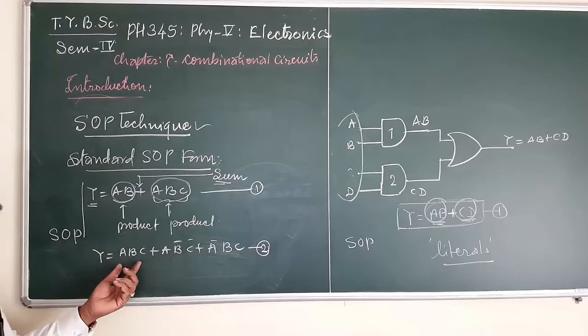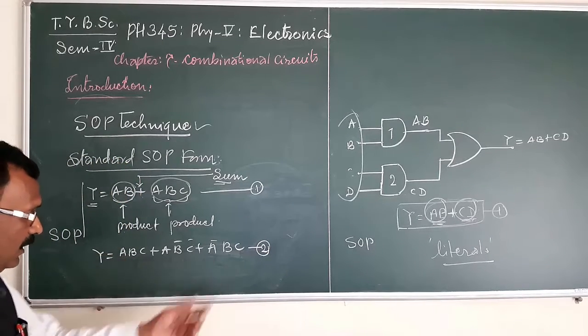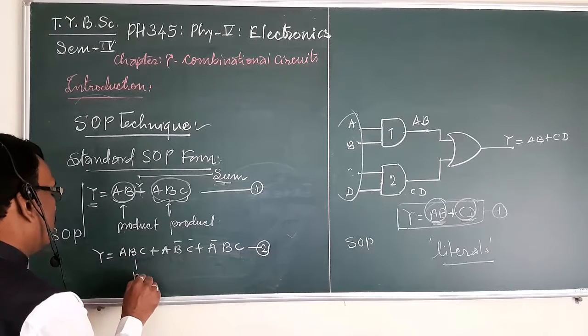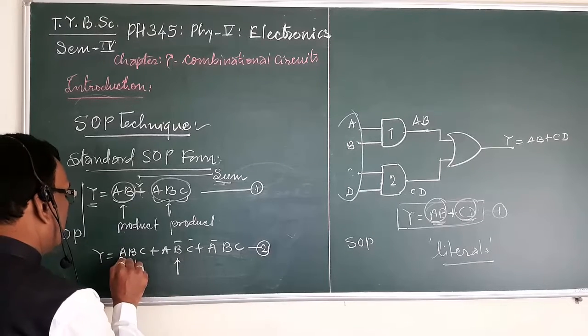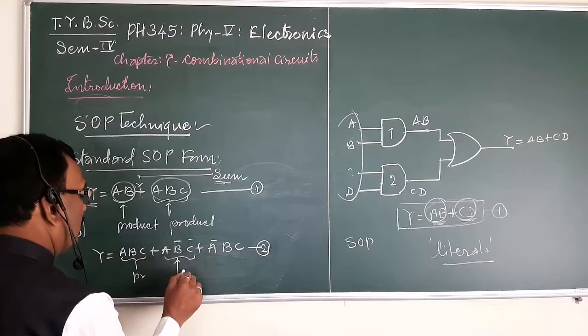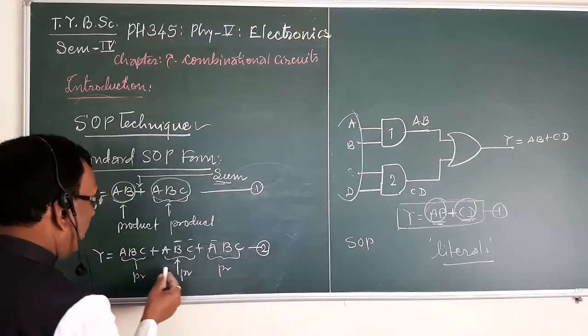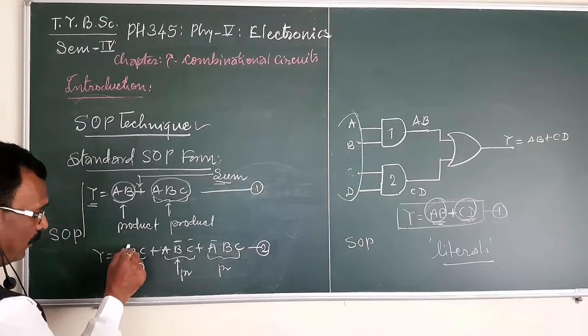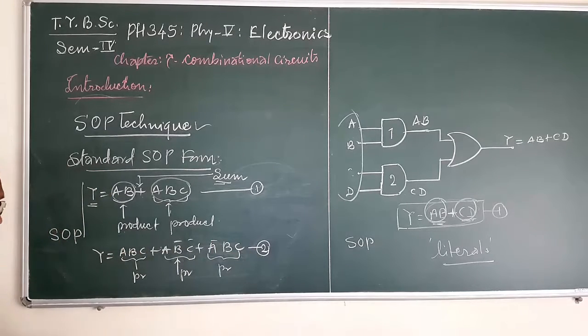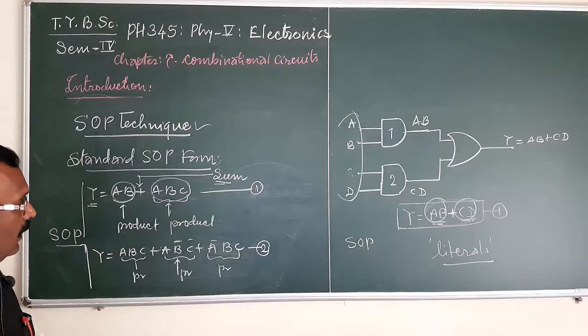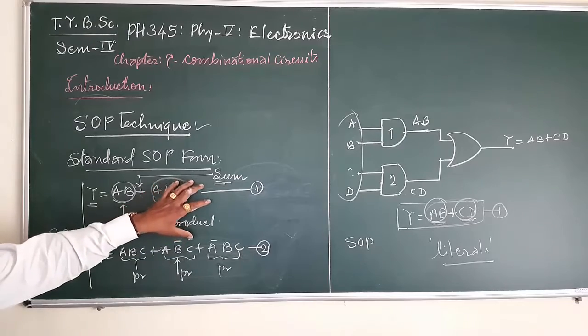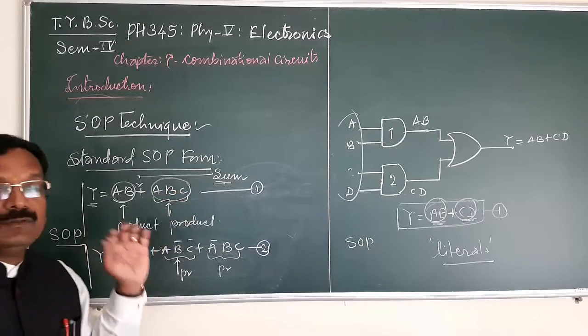Here also this is a product, this is a product, and this is also a product. And Y is the sum of all these three products. So this is also SOP. But here the first is the simple SOP and this is the standard form of SOP.